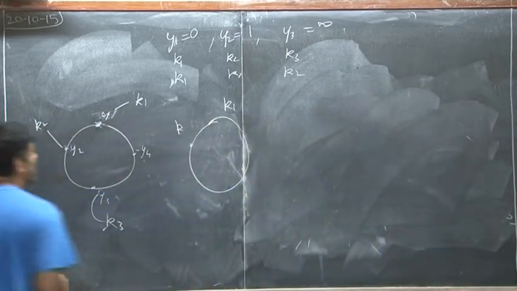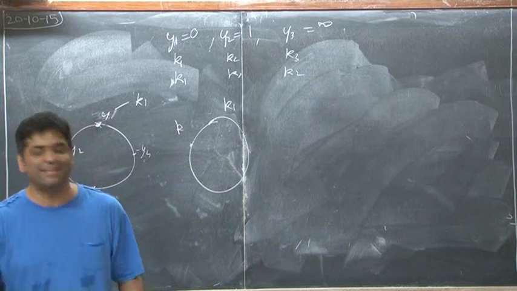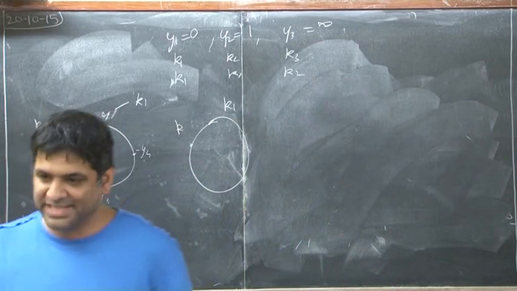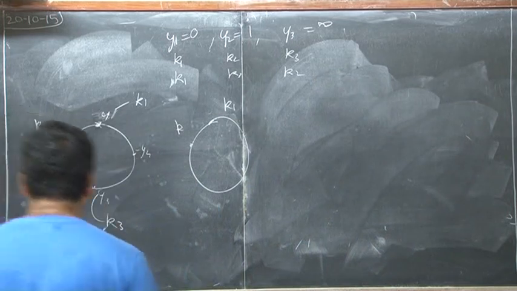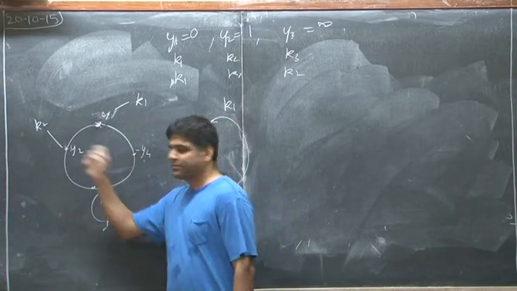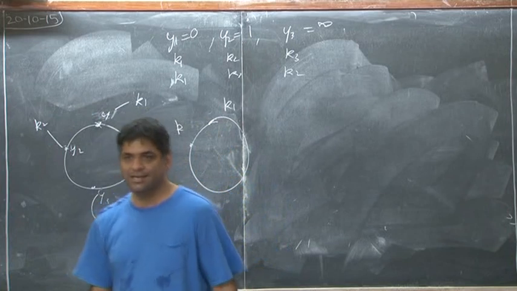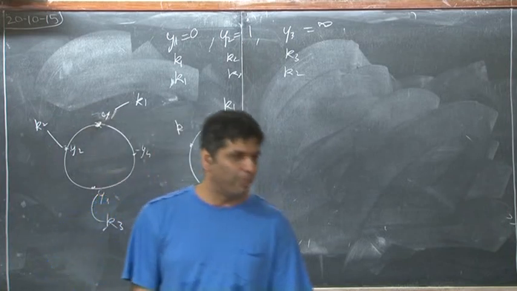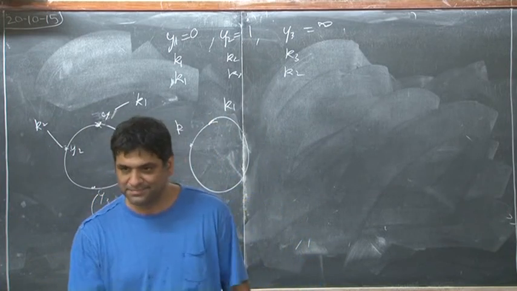Okay, so fine, let's start with one of the calculations where we can sum all of the things. Very easy. Let me take the case where K1 is at 0, K2 is at 1, K3 is at infinity, and K4 is wherever we want. We look at all possibilities.